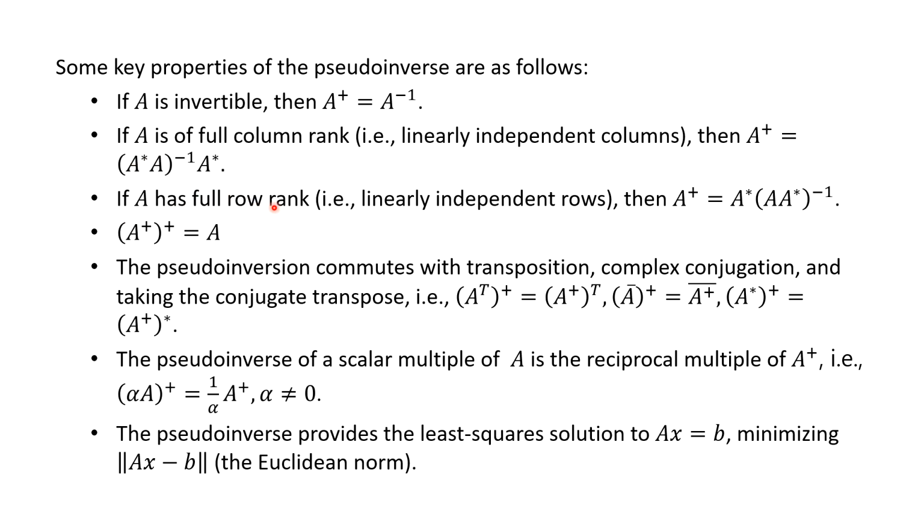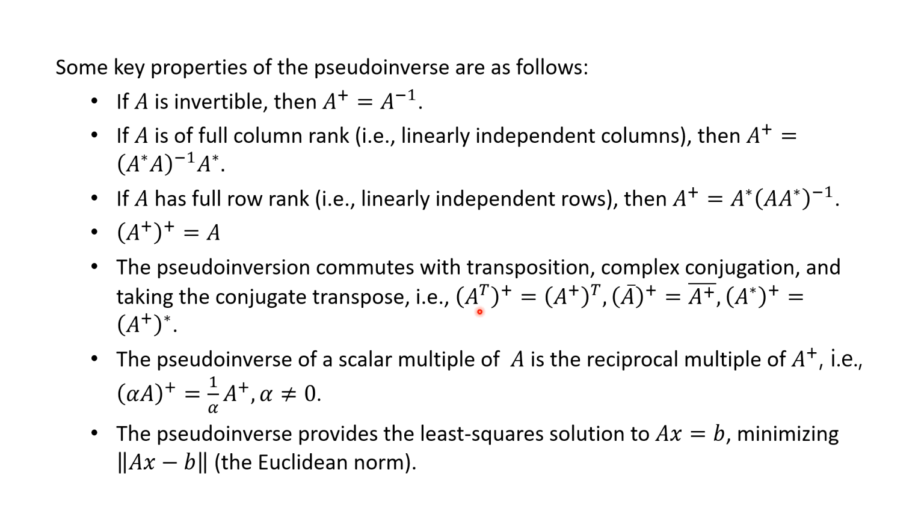If A has full row rank, in other words, the rows are independent, then you get this different formula, but you do get a formula for the pseudo-inverse. The pseudo-inverse of the pseudo-inverse equals A, so you have another characteristic that makes it similar to the regular inverse. The pseudo-inverse commutes with transposition, complex conjugate, and taking the conjugate transpose.